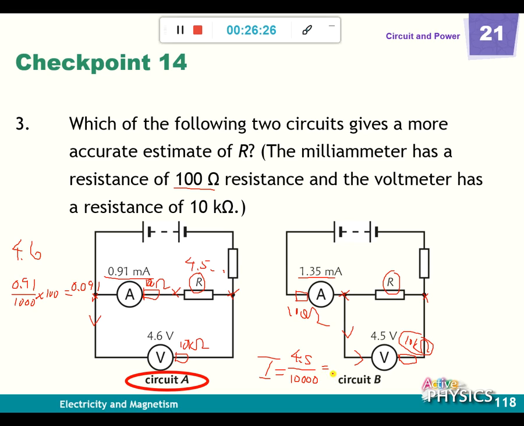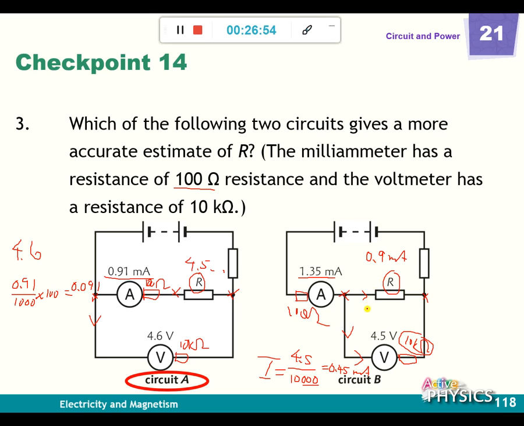How much is it? This one, you can see that this one should be in mA, and then 0.45 mA. And how about this? This one should be 0.9 mA. Okay, then what will happen?